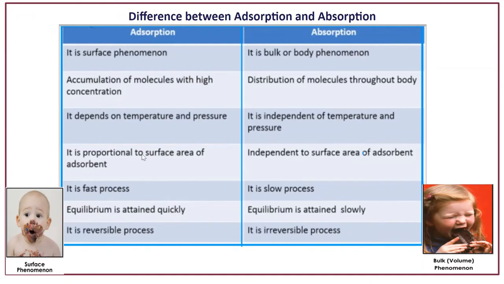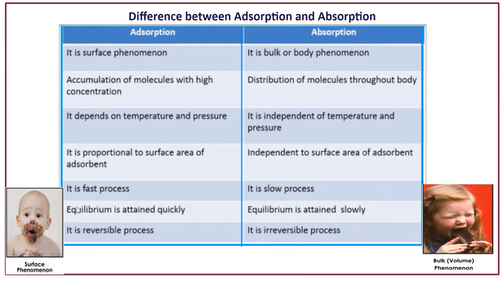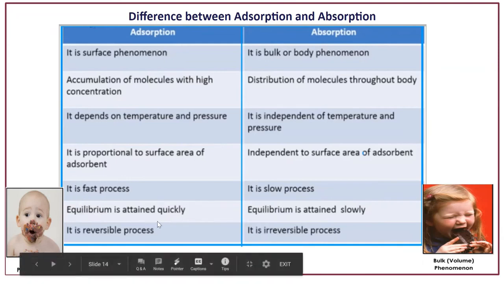Adsorption is proportional to the surface area of the adsorbent, whereas absorption is independent of surface area. Adsorption is a fast process, whereas absorption is a slow process. In adsorption, equilibrium is attained quickly, whereas in absorption, equilibrium is attained very slowly.